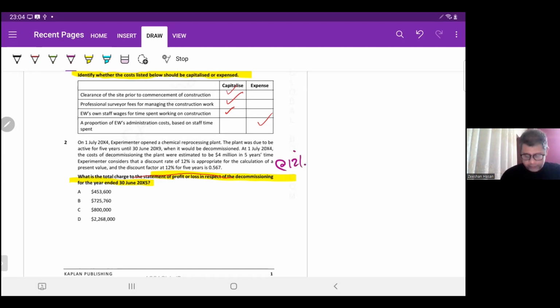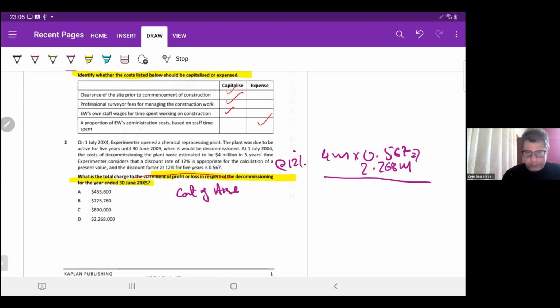So 4 million times the discount factor given, 0.567, is 2.268 million. Therefore, the cost of the asset is $2.268 million.